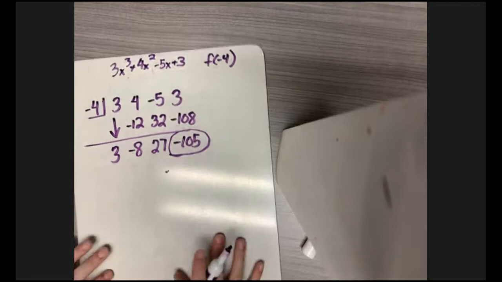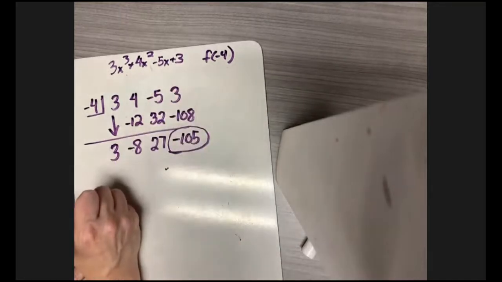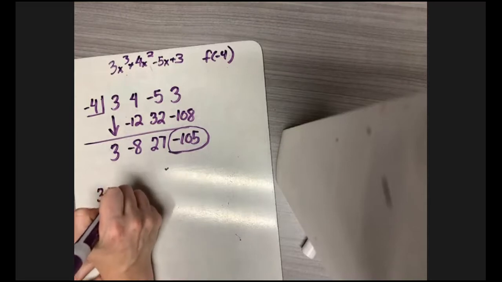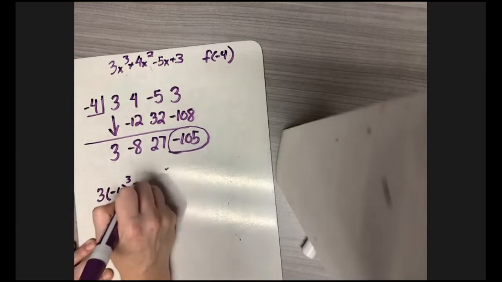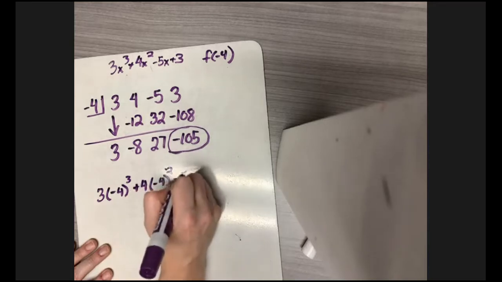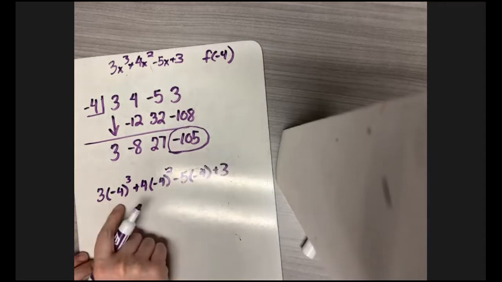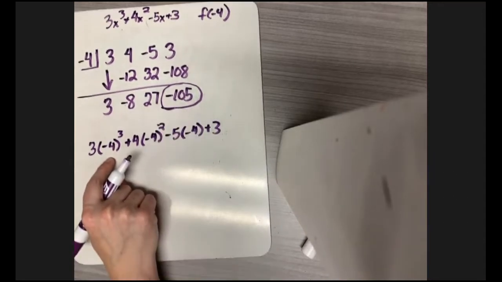Now, we can check: what is actual f of negative 4? So we've got 3 times negative 4 cubed plus 4 times negative 4 squared minus 5 times negative 4 plus 3. Negative 4 times negative 4 is positive 16. 16 times negative 4 is negative 64.